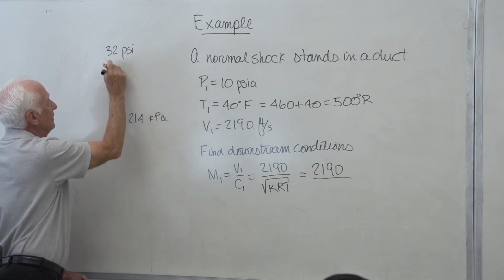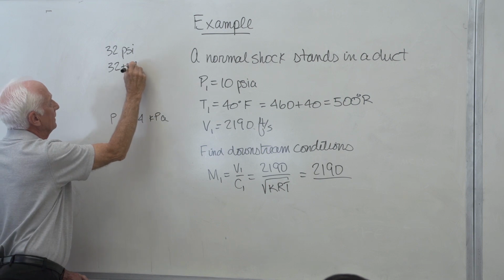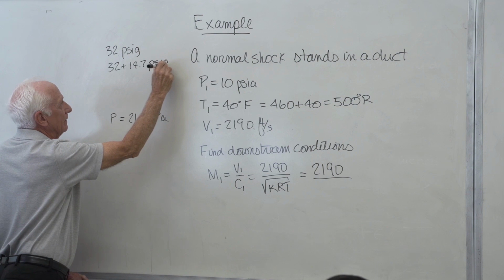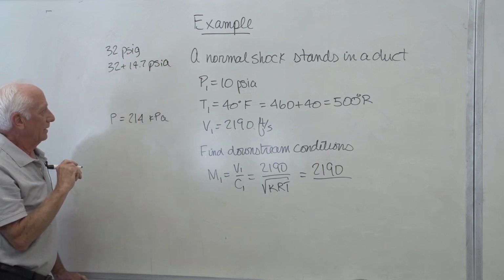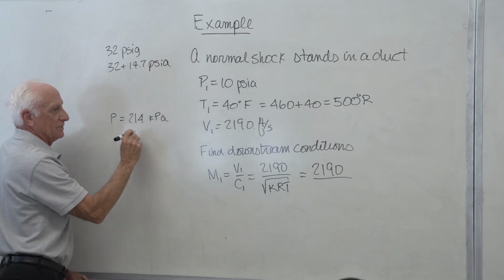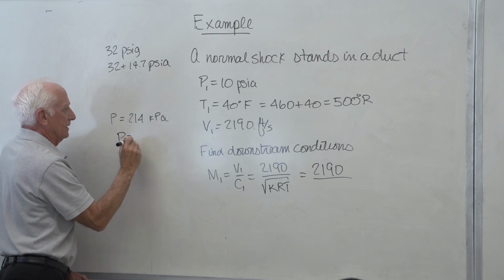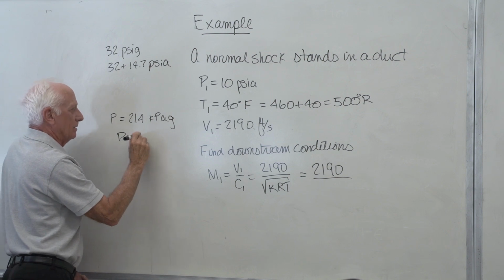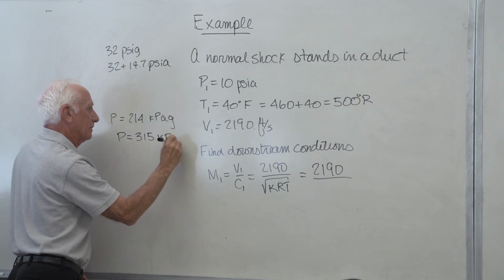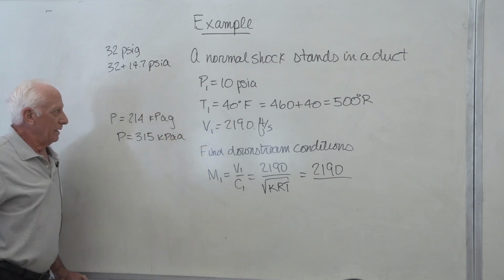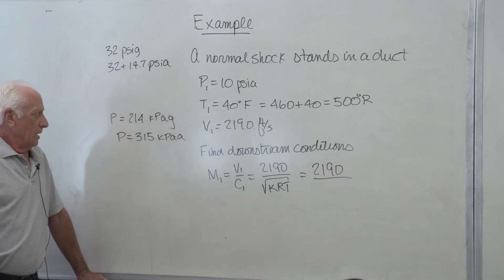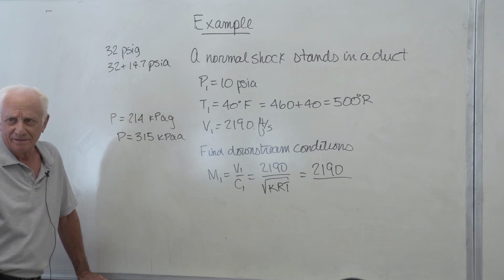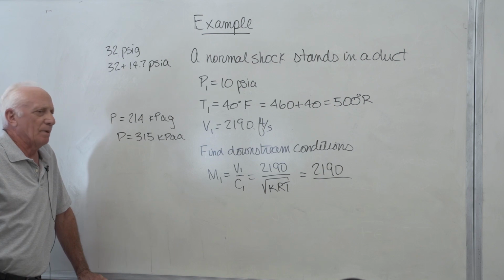And you want the absolute, 32 plus 14.7, and this is gauge, and this is PSIA, okay? Now, if this is absolute and this is gauge, is there such a thing we speak about? The pressure is 214 kPag. The guy says, huh? kPag? What's a kPag? I'm sorry, it's 315 kPa.